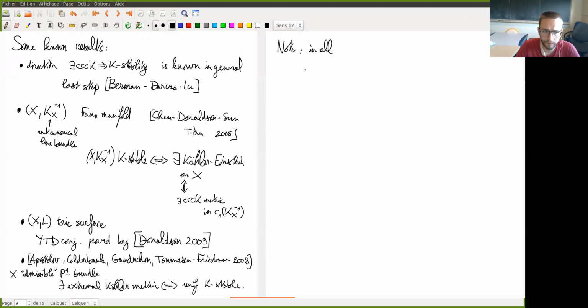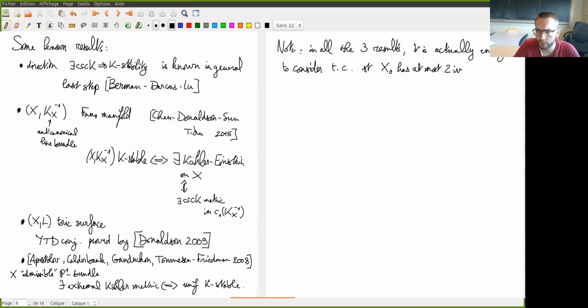In all the three results, it is actually enough to consider test configurations with a special property: with X0 such that X0 has at most 2 irreducible components.